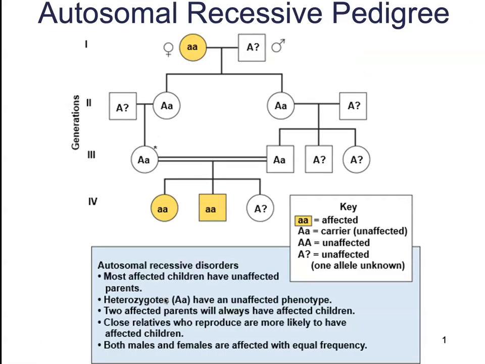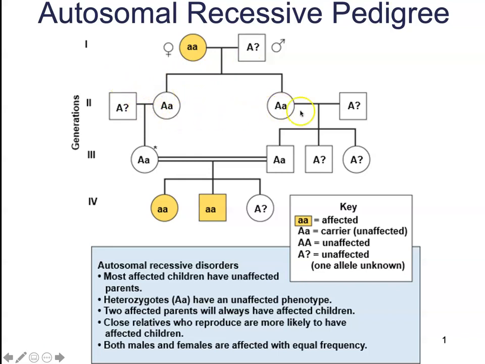So here is just an example of an autosomal recessive pedigree. Let's just say that this disorder is cystic fibrosis. If we have an individual who has cystic fibrosis and we cross them with another individual who may or may not be a carrier for it, we can actually see how this gets played out through the generations.